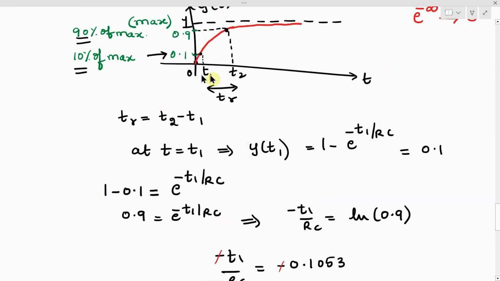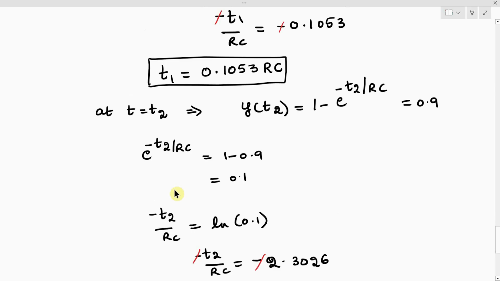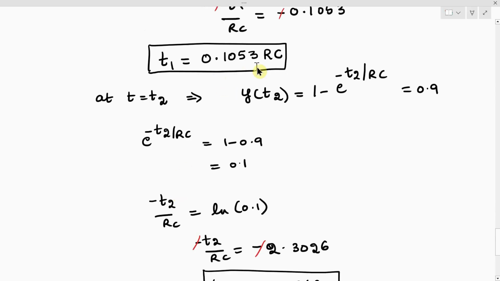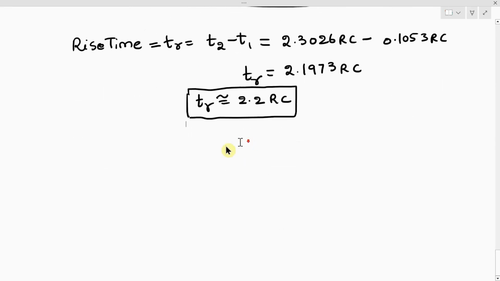We found t1 is 0.1053 RC and t2 is 2.3026 RC, and finally t2 minus t1 gives the rise time, 2.2 RC.